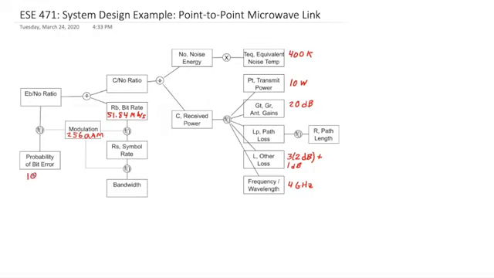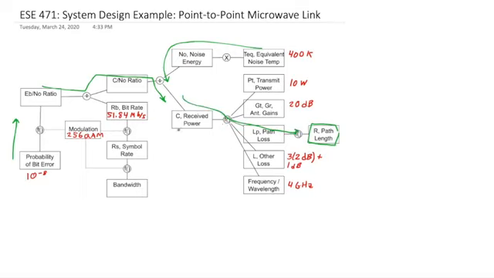So here I have a spec for 10 to the minus 8th probability of bit error, and I have to get to this range. Okay, so this is what I'm trying to determine, this range. And what I can see is that we're going to start here at the probability of bit error, and we're going to work our way up following this path where we're going to go down this way through this graph to get to the path length.